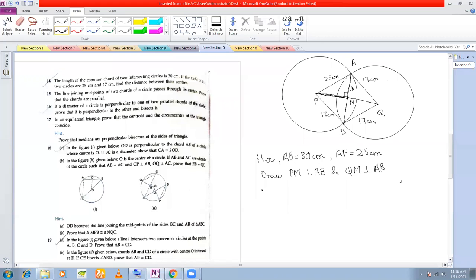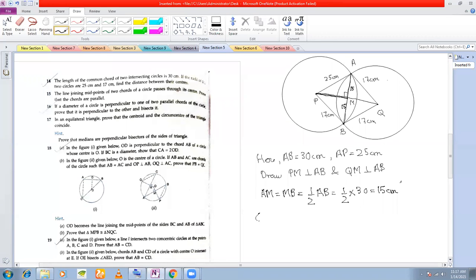So let us write AM is equal to MB is equal to half of AB, which is half of 30, which is 15 centimeters. So this is 15 and this length is also 15.